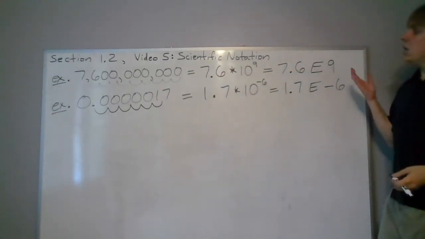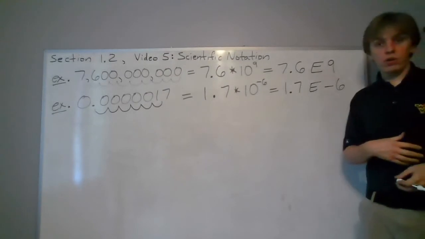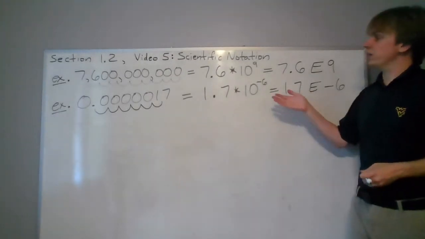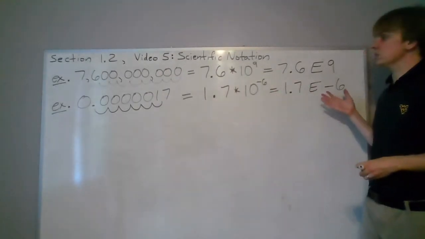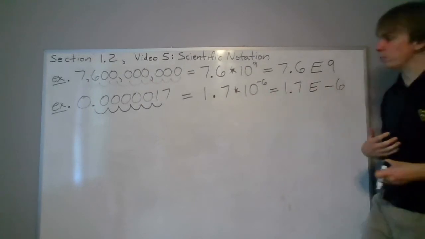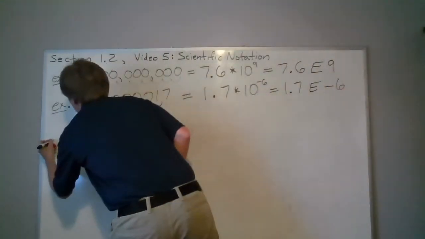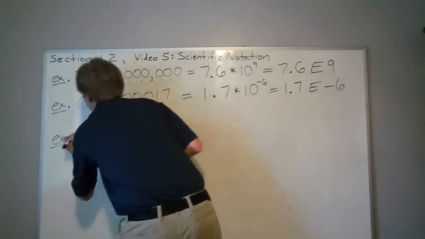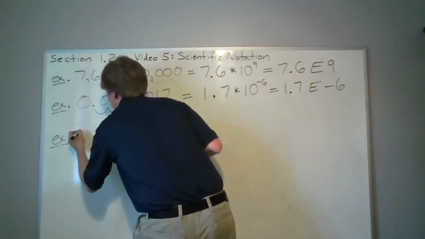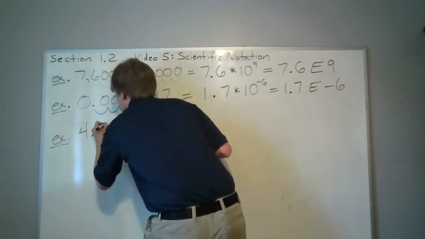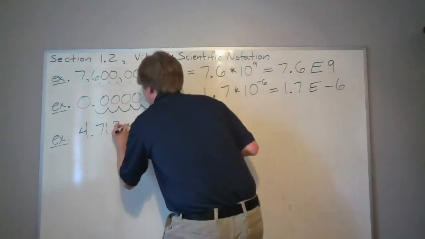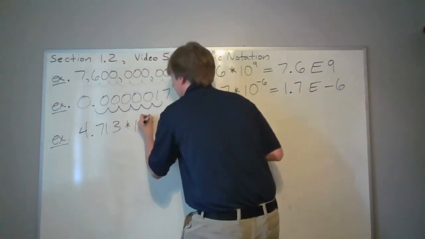Okay, we also need to be able to convert the other way around. If I give you a number in scientific notation, or if your calculator spits out an answer in scientific notation, we have to be able to turn it back. So let's see, 4.713 times 10 to the 5th.